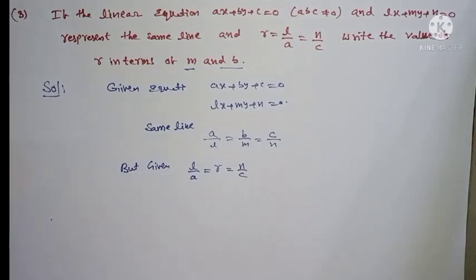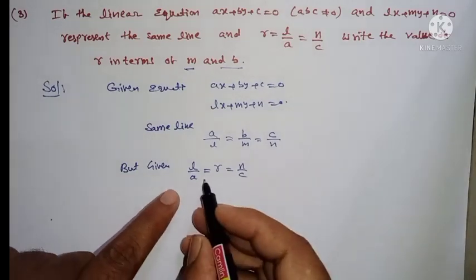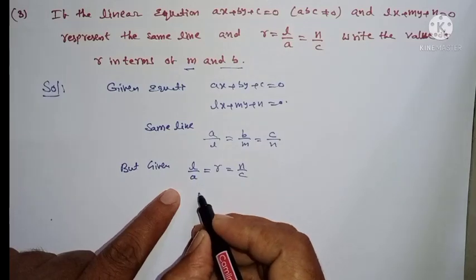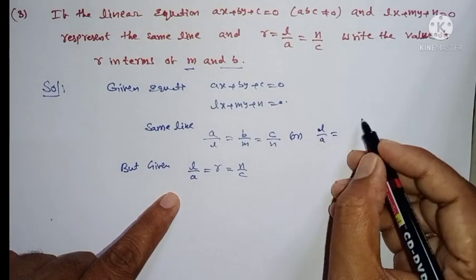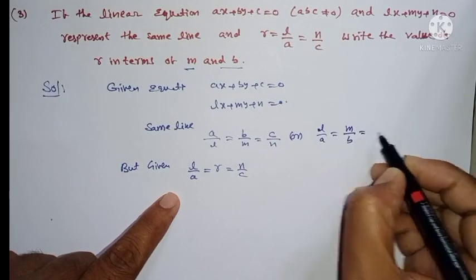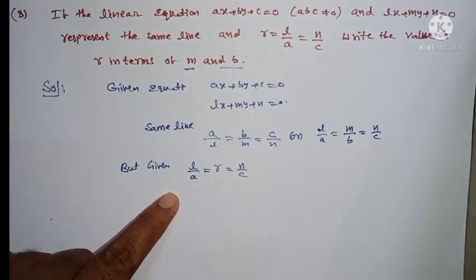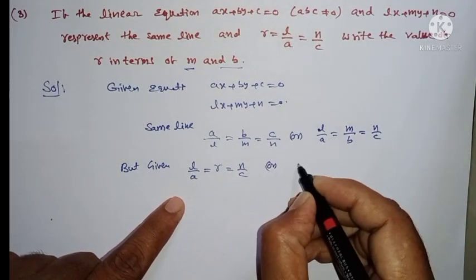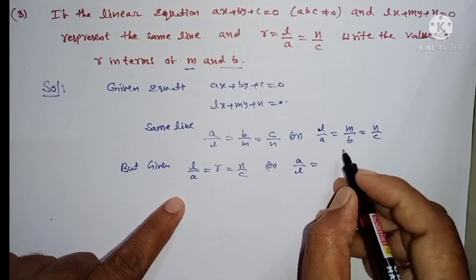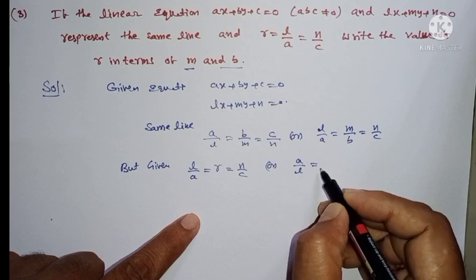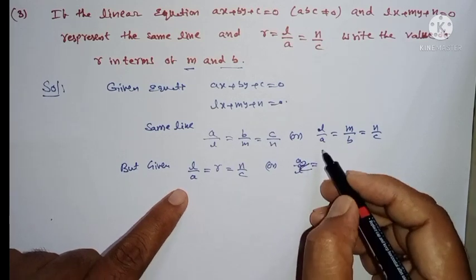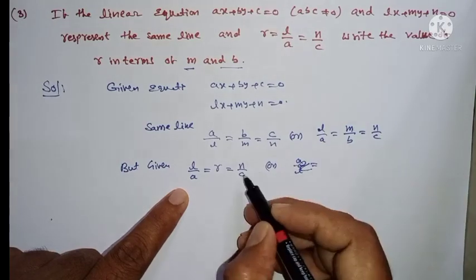Therefore I can write this as a by l, or you can write l by a, m by b, n by c, all the same here. So l by a is nothing but r only, and n by c is equal to r only.